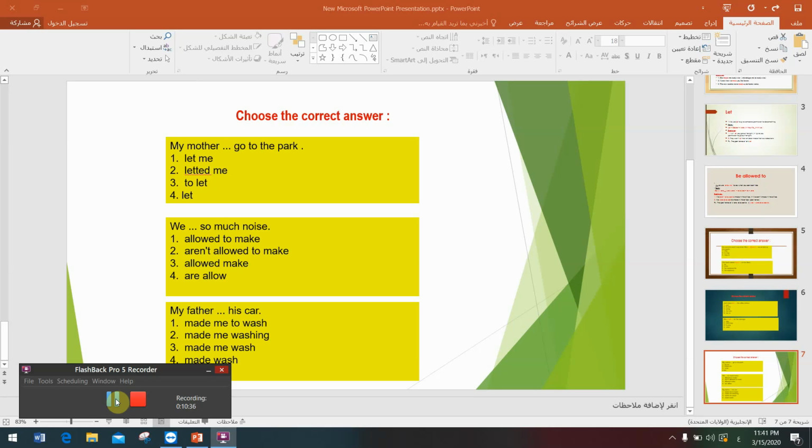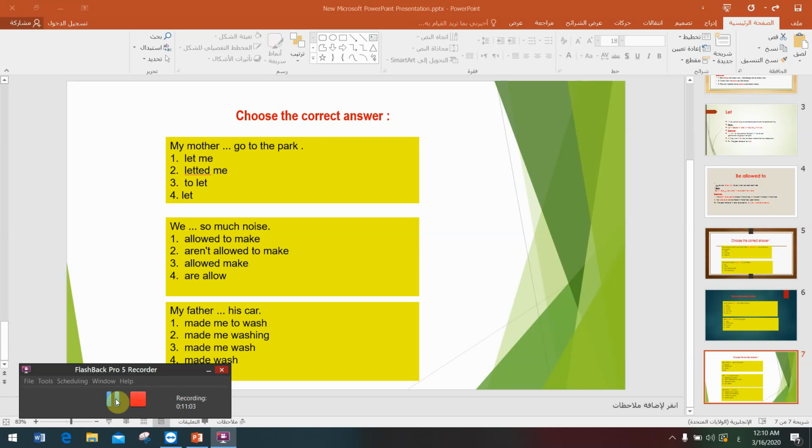We can't say to let because there is no object. So the correct answer is number 1, let me, because the structure is let me go: let plus the object, me, plus the verb, go.